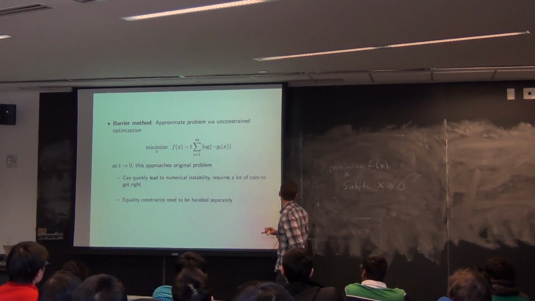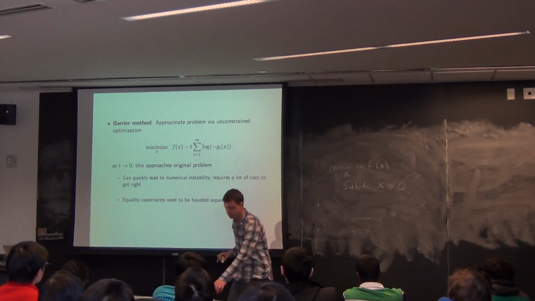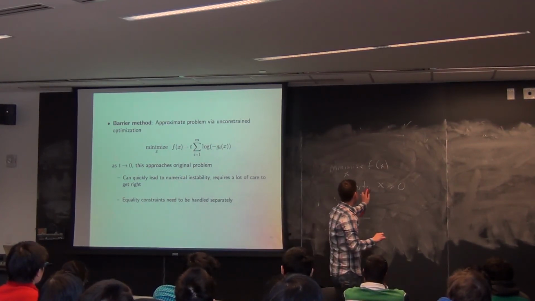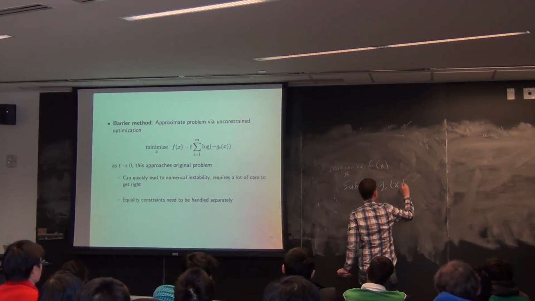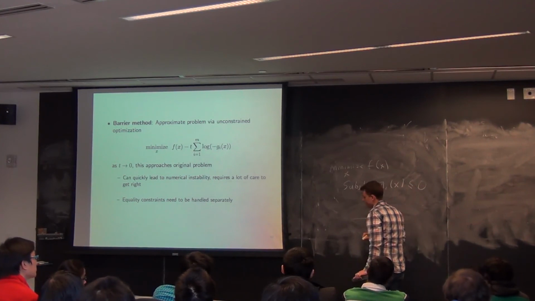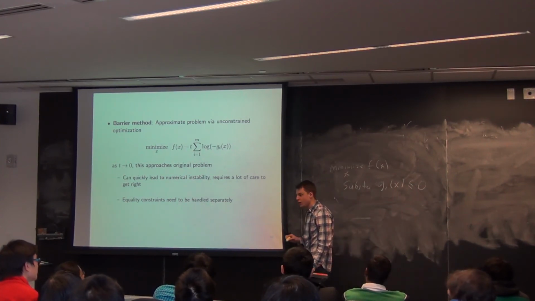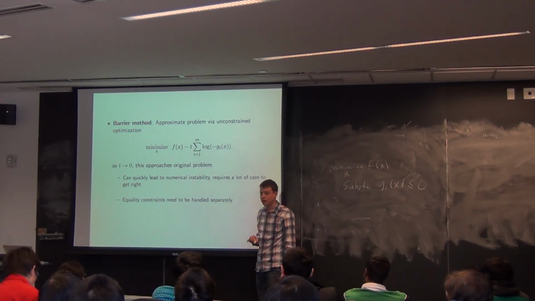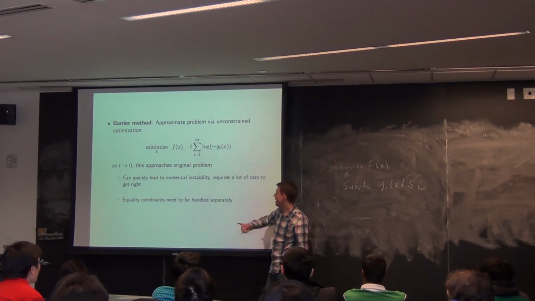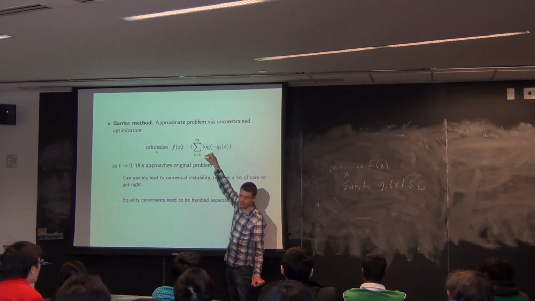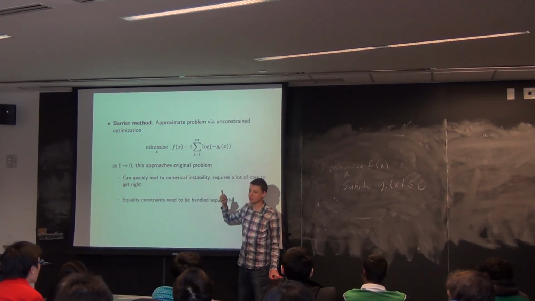But what you do is you have your function here, minimizing this subject to all these gi's, gi of x less than or equal to 0. And what you do is you transform this problem into an unconstrained problem. You do that by taking the log of the negative of these constraints.